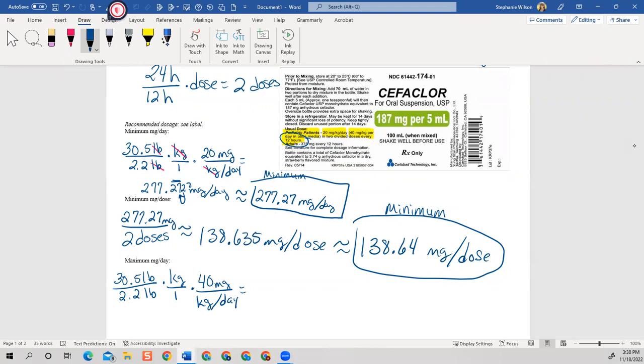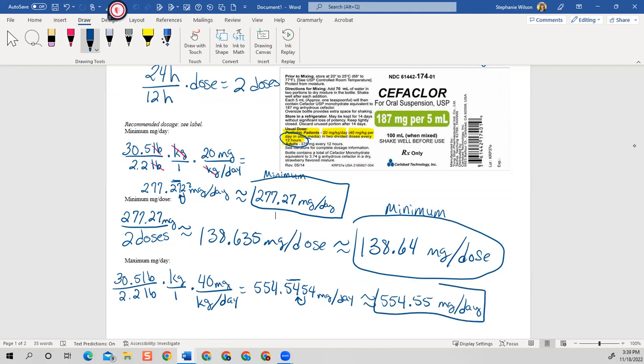I get 554.54, and it repeats, meaning 545454. This 5 is equal to 5, so it causes that 4 to go up when I round to the nearest hundredth. It gives me 554.55. So that is the maximum per day.